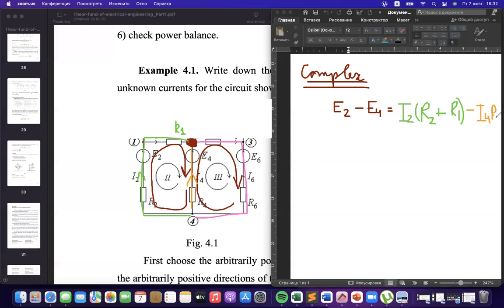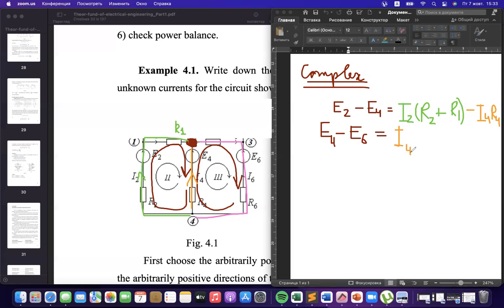It should be minus R4 times I4. Then for the next mesh, we have also two sources, E4 positive, E6 negative, and their difference equals current I4, the same directed for the second mesh.